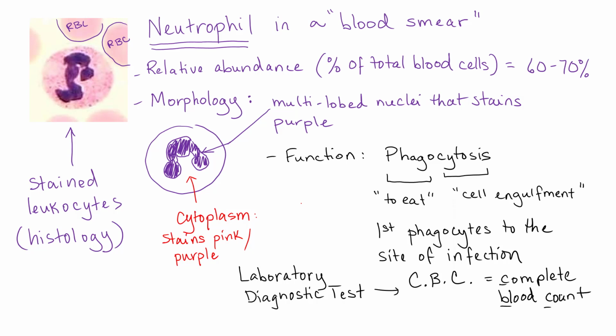What they're going to look at is the abundance of these various leukocytes, as well as other blood cells. They can look at all of them, but they're going to look at the white blood cells in the event of an infection.